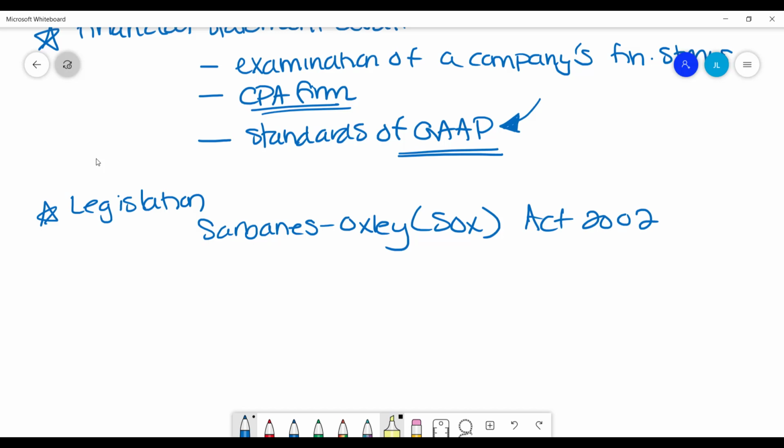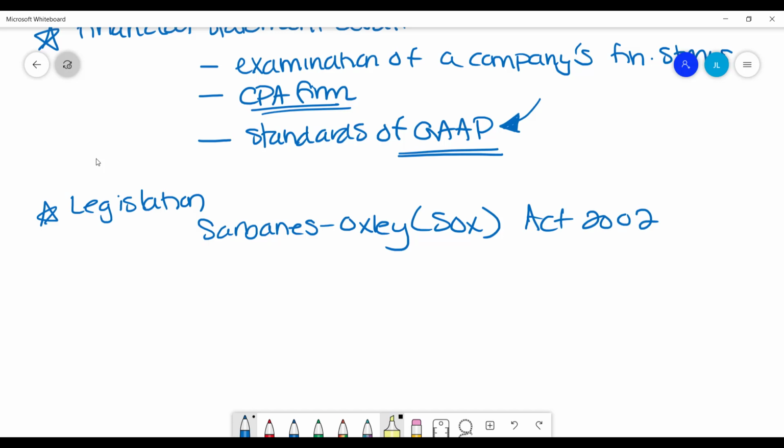Basically, this came about with all of those scandals involving WorldCom, Enron, Arthur Andersen, and so forth. With all that fraud that was going on, it forced the government to put forth legislation to prevent that kind of catastrophe from happening again, if at all possible.